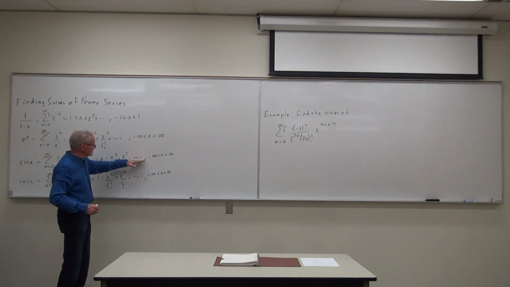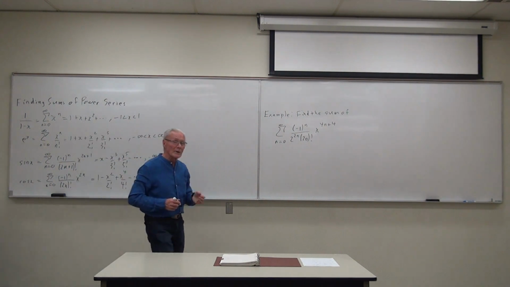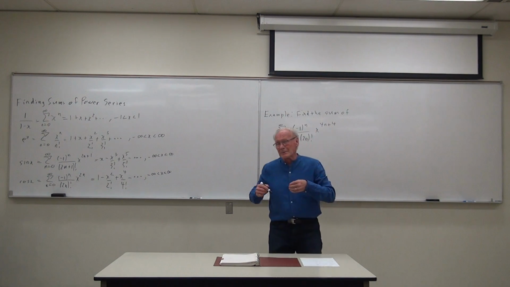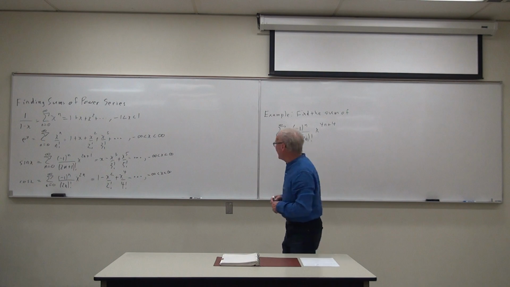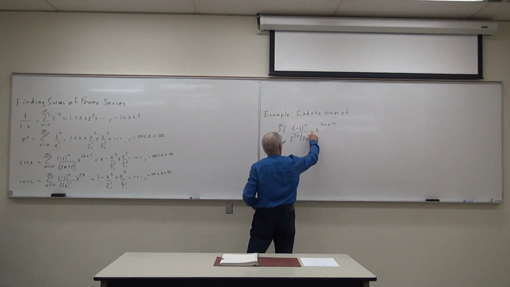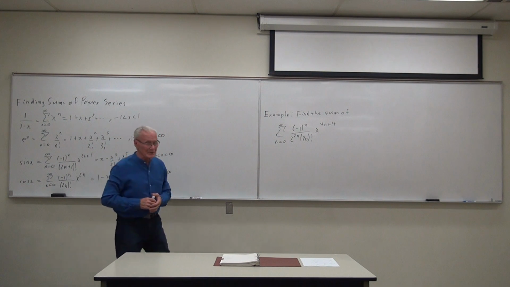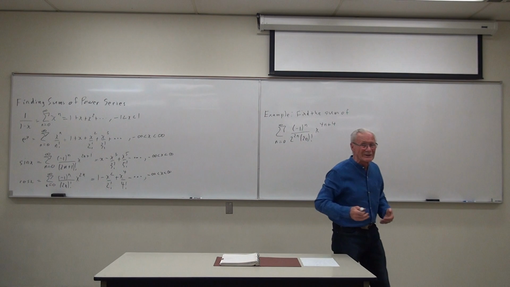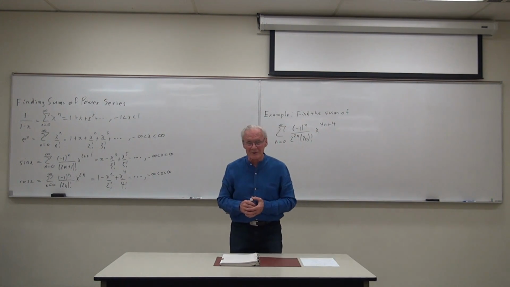Infinite interval of convergence for these 3, finite interval of convergence of that one, the geometric series. There are other series that, again, we can find sums of by using these. And I've listed here this particular example to start with. Find the sum of that series, and always coming along with it would be, and what is its interval of convergence, or at least its open interval of convergence.